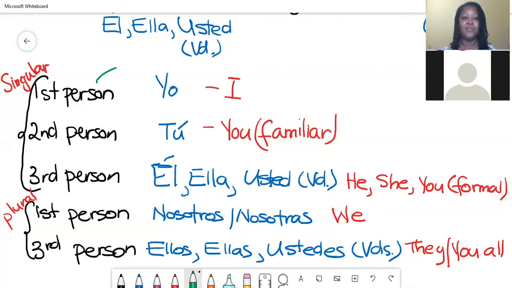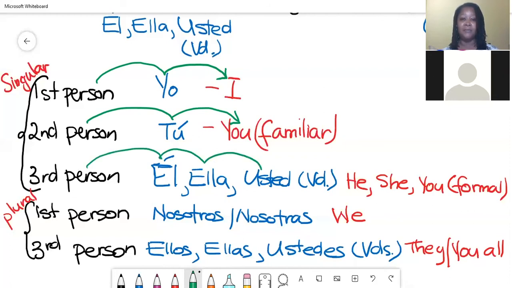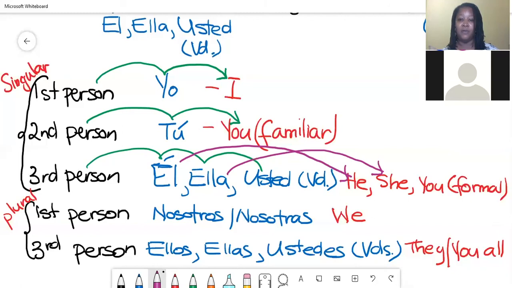So first person singular, yo, means I. Second person singular, tú, and it means you, the familiar you. Third person singular, él, ella, usted, and the él, I'm going to use a different color for the él. Let's pick a nice purple. The él means he, the ella means she, and the usted means the formal you.